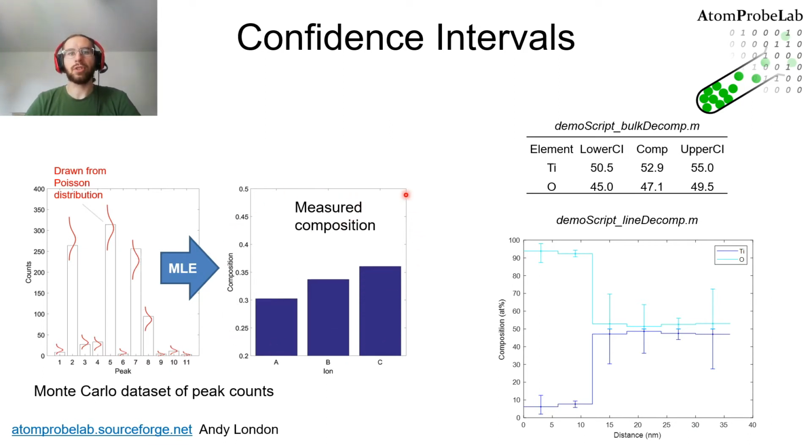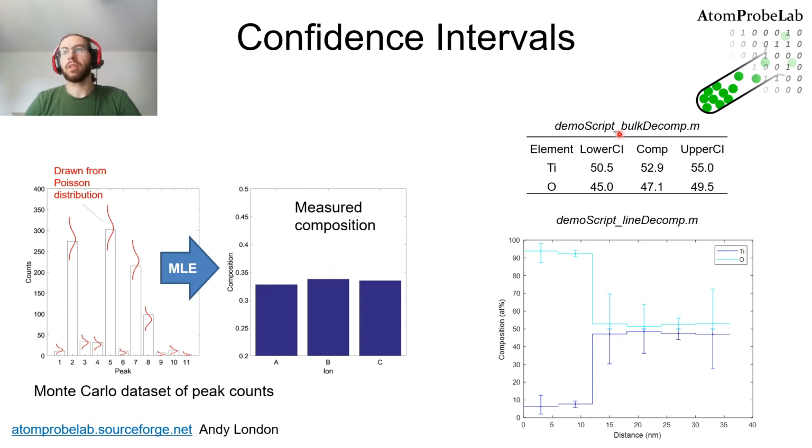And that set of compositions gives you a distribution, and the start and end of that distribution, or the 5% and 95% range of that distribution, gives you your confidence interval. So this directly tells you how difficult your overlap problem is to solve and what the confidence in your answer will be.